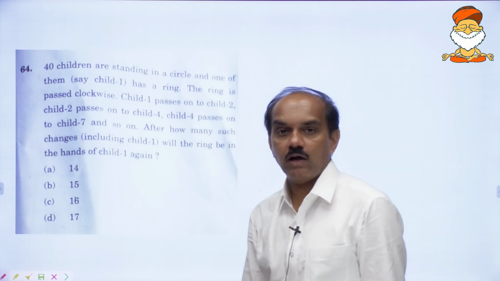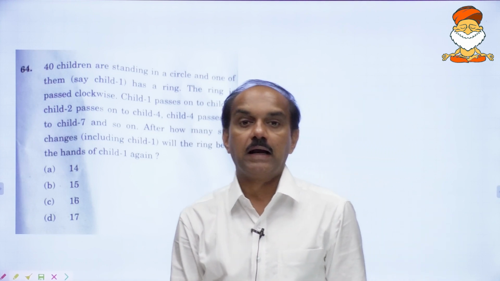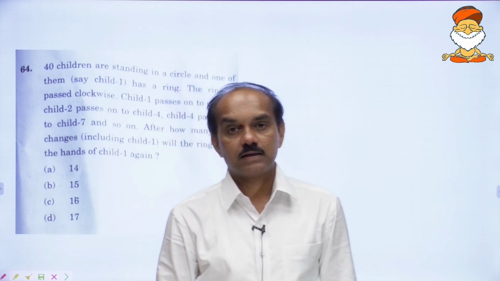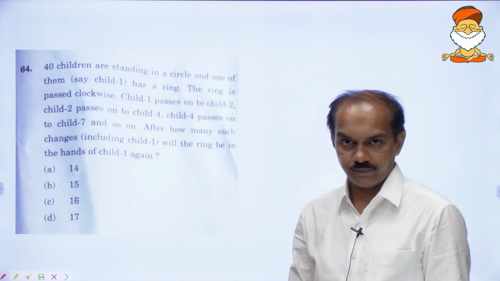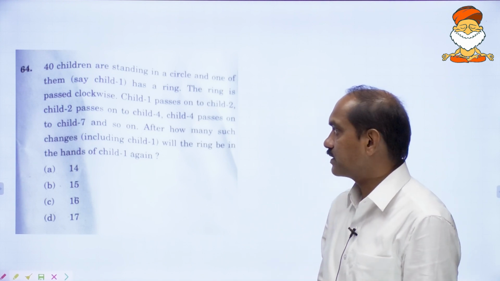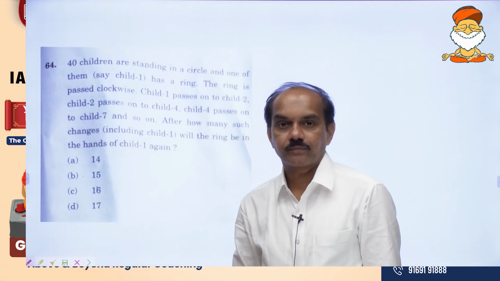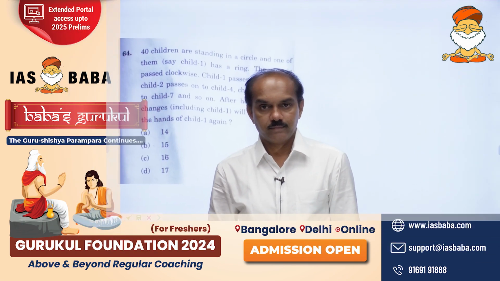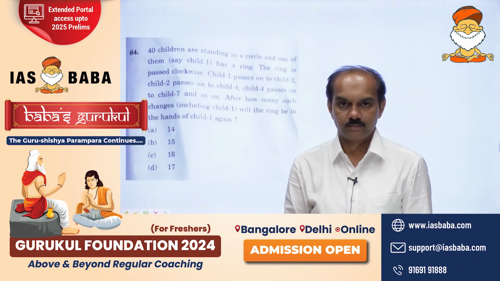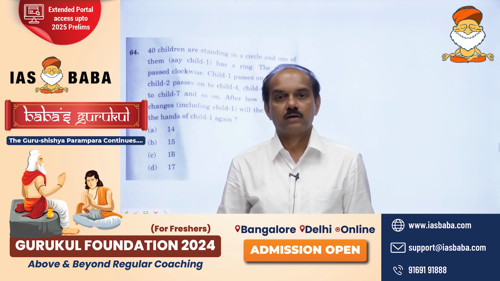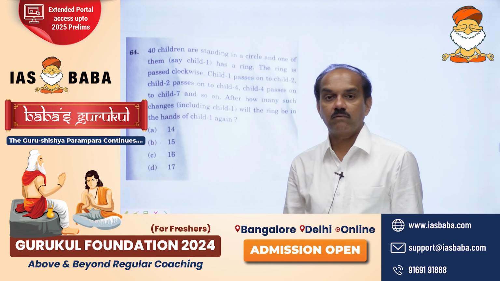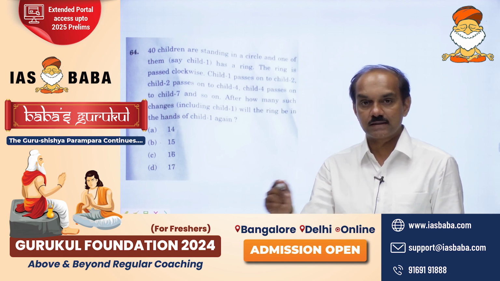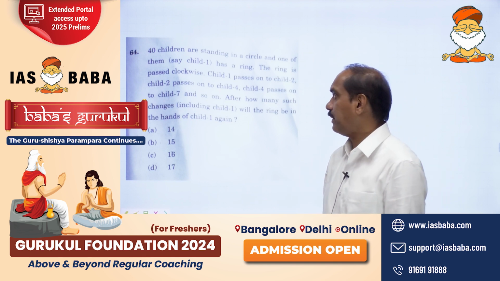So in all we have got 40 children, and since they are standing in a circle, the ring is bound to come back. If they are standing in a straight line, then the ring will never come back, but since it is a circle, it is bound to come back.